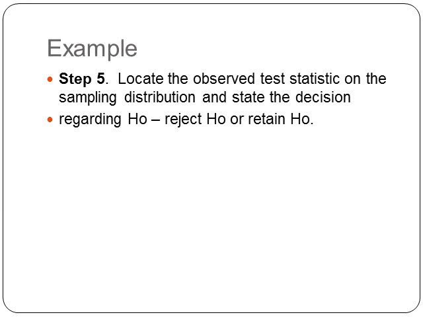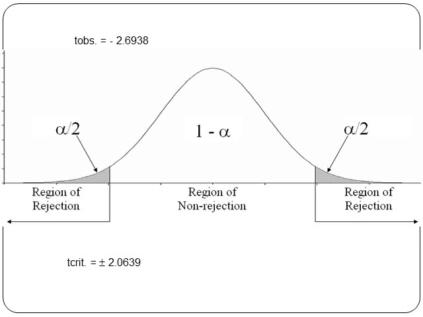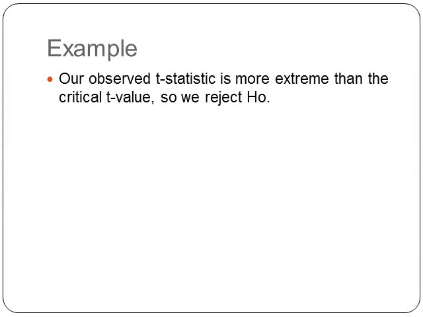And we compare this now to the region of rejection. We can see that that negative 2.69 crosses that threshold of 2.06 in the negative end. We're going to have our value fall in the region of rejection. The observed t value fell beyond the critical value for t. So now our observed t is more extreme, so we reject the null.